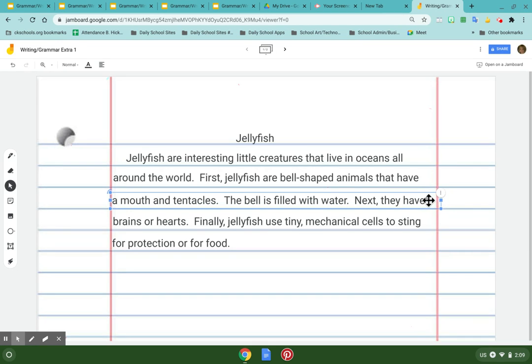So did you leave that out? You might check that on your paper and let's make sure no brains or hearts right there. Okay, there you go. They have no brains or hearts. Finally, jellyfish use tiny mechanical cells to sting for protection or for food.